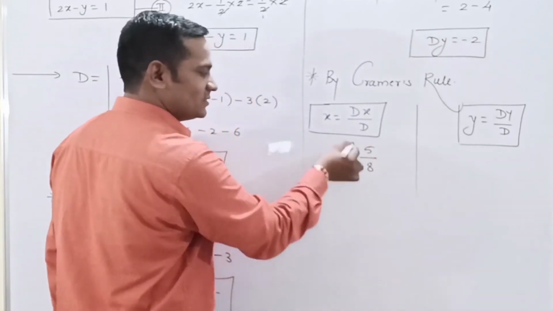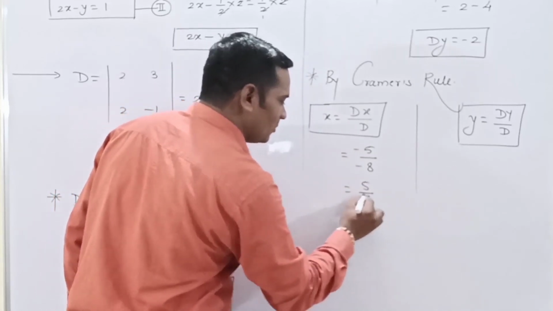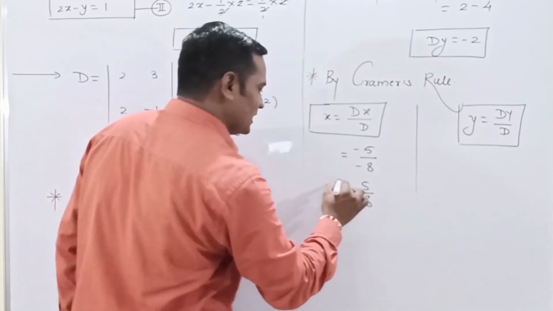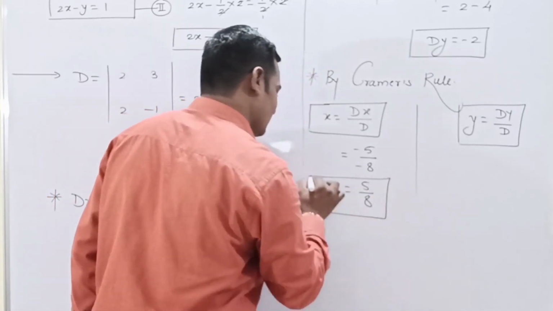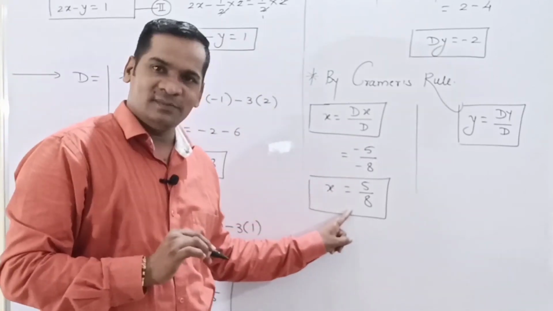This minus minus will become plus, so 5 upon 8. We cannot divide these two numbers by the same number, so keep it as it is. So x is equal to 5 upon 8.